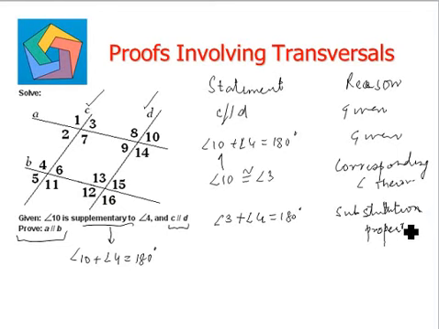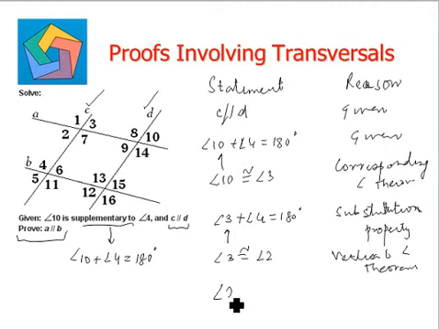Now if we observe that angle 3 is congruent to angle 2, this is by the vertical angle theorem. Now we can substitute angle 2 in place of angle 3 in the above statement. So this makes angle 2 plus angle 4 equals 180 degrees, again by the substitution property.